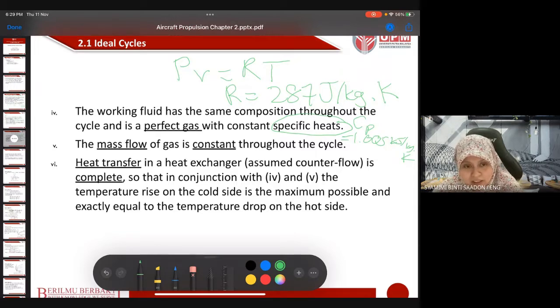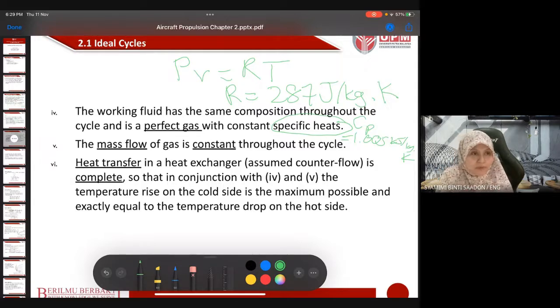But for these ideal cycles, we assume that the specific heat is constant. However, I just want to share with you that actually the specific heat varies depending on the temperature.